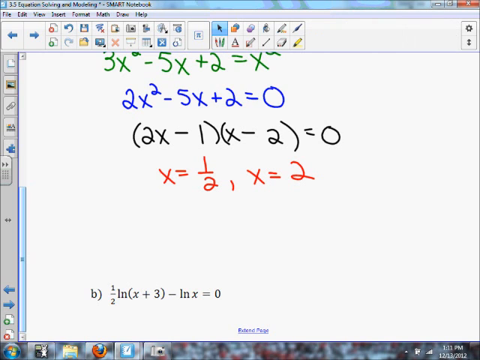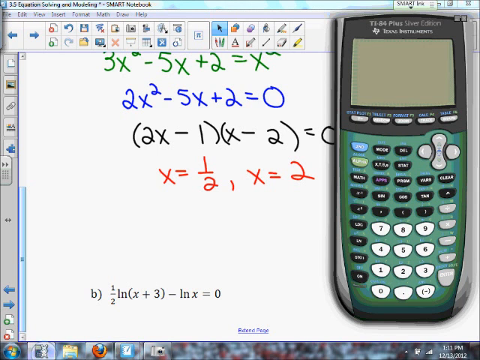Now we do have to be careful when we graph this. This would be ln of 3x minus 2. Now, I want to graph this one first.